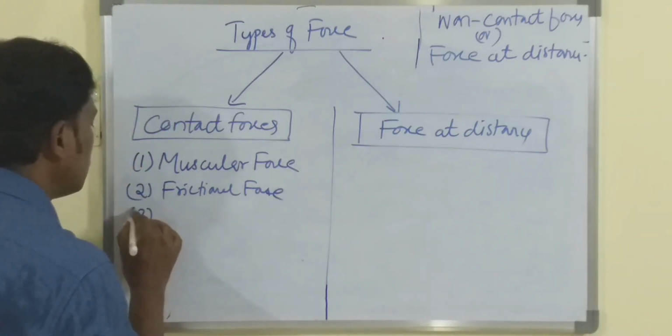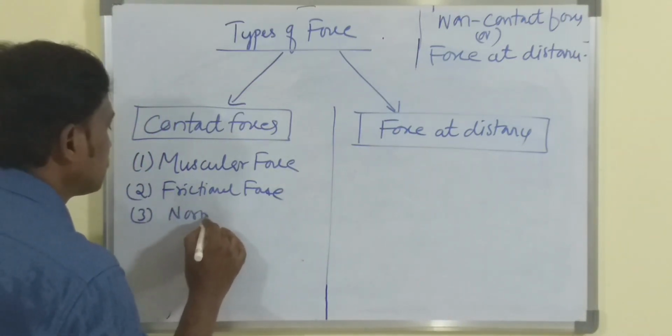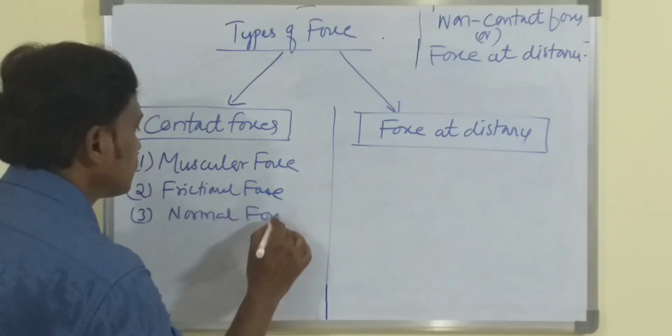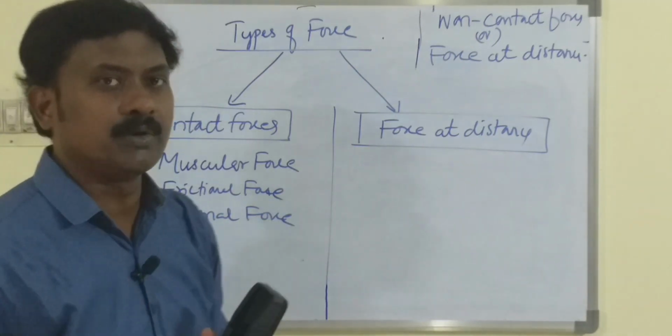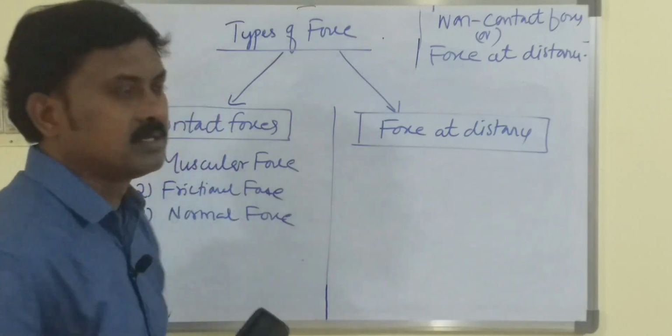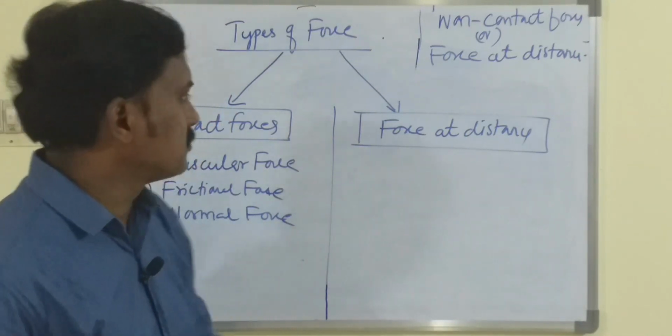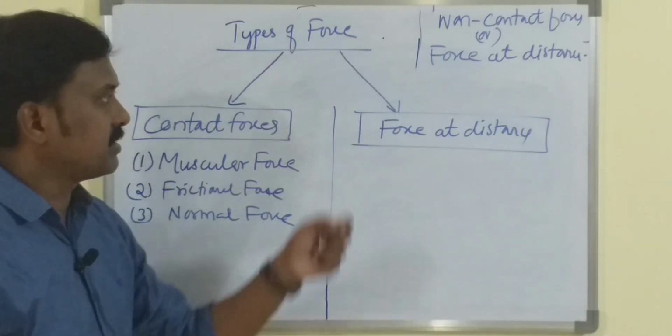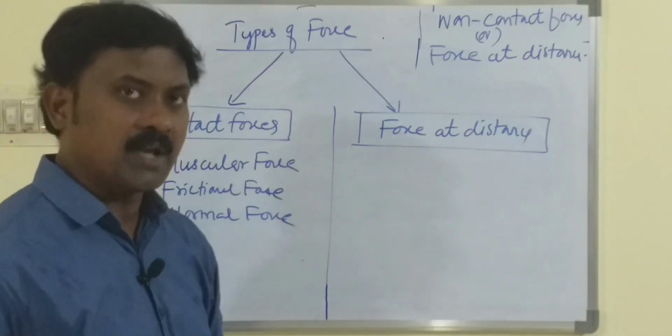Next, normal force. In detail we are going to discuss all these forces in the next class. Now I am just going to give definitions of these types of forces.